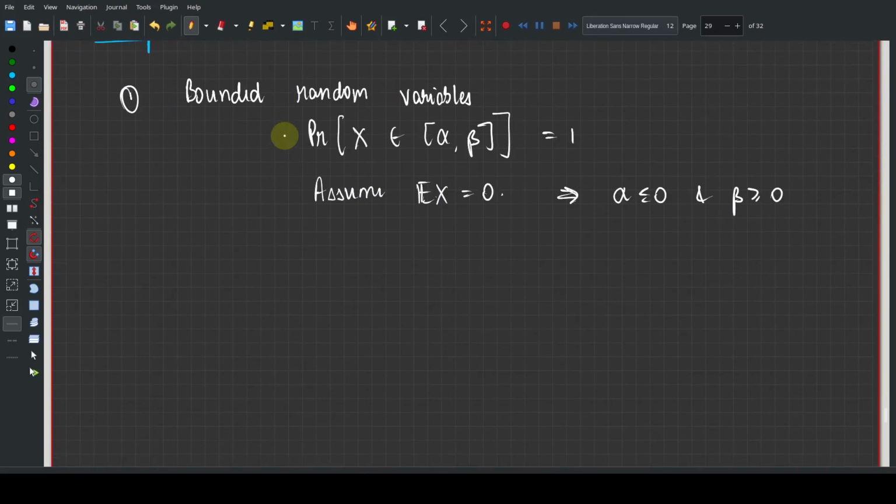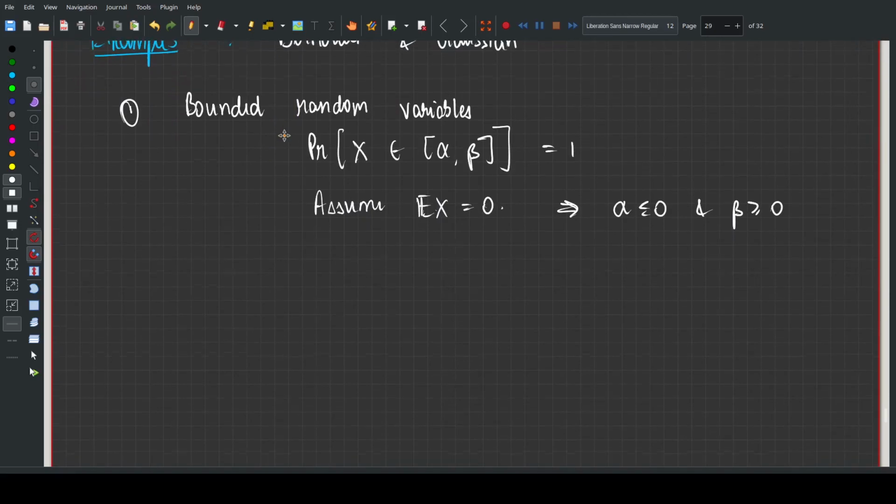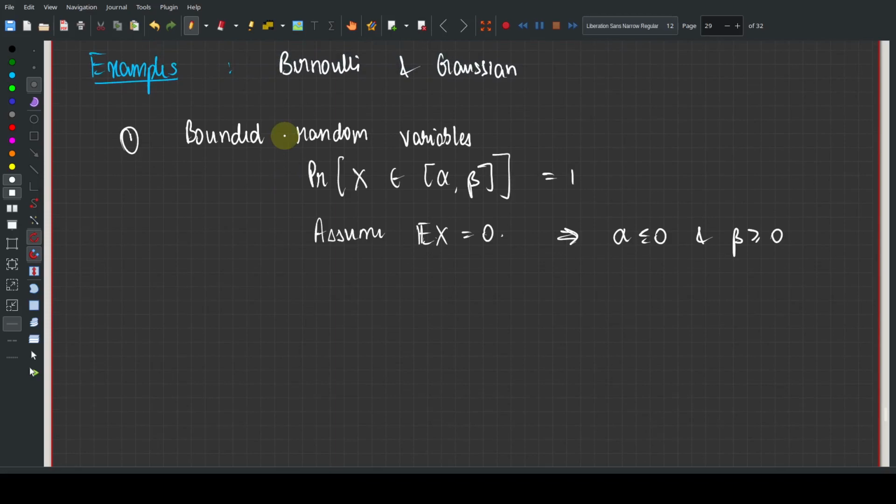Any other questions? Okay. Now we want to check whether, in general, bounded random variables are subgaussian or not. And I want to make use of one of these properties. I don't know anything in addition to the fact that x lies in the interval alpha to beta. Okay, property 4. Let's try that out.